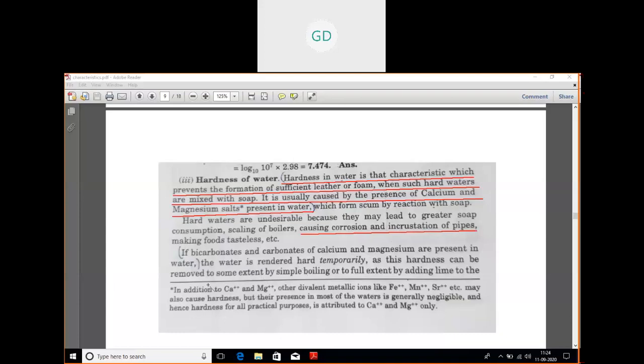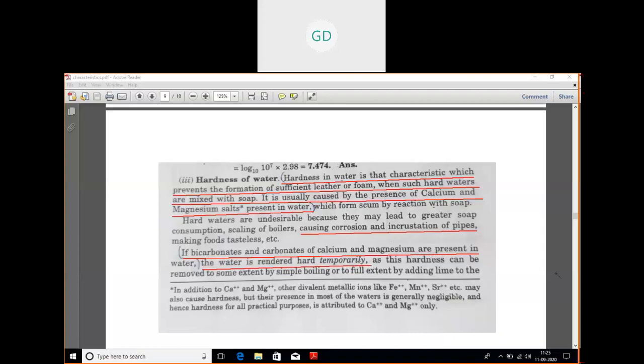So next is temporary hardness. If bicarbonates and carbonates of calcium and magnesium salts are present, you need to remember this. Anyhow, you need to remember bicarbonates and carbonates of calcium and magnesium. If they are present in water, then the water is known as temporary hardness.